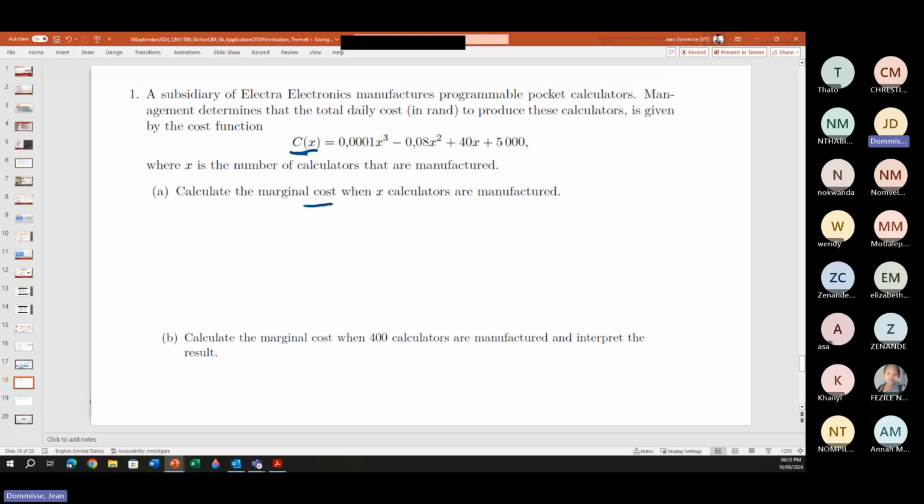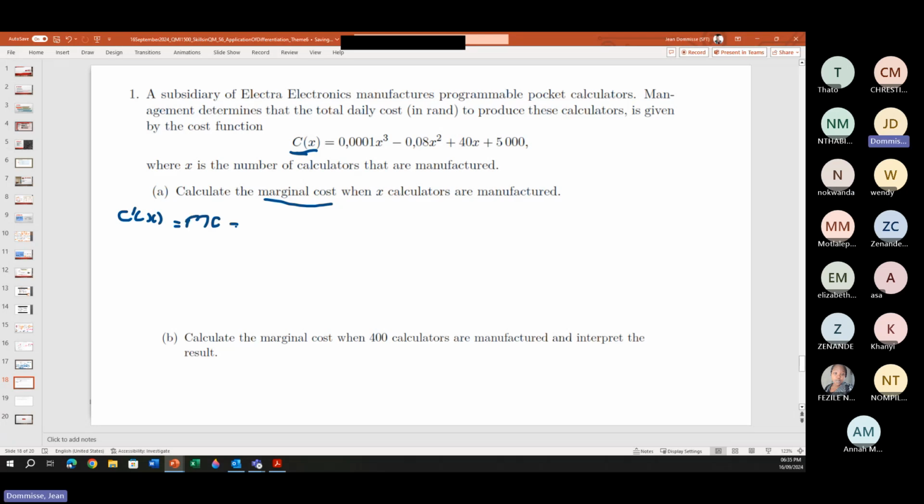Calculate marginal cost. So if we have total cost, if we take the first derivative of that, we will get marginal cost.